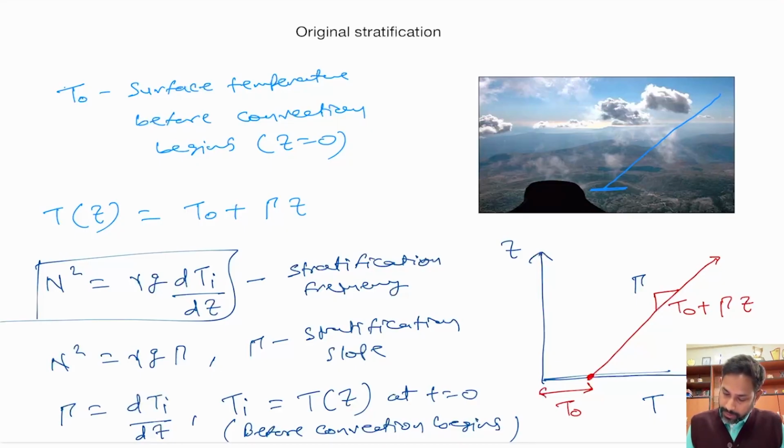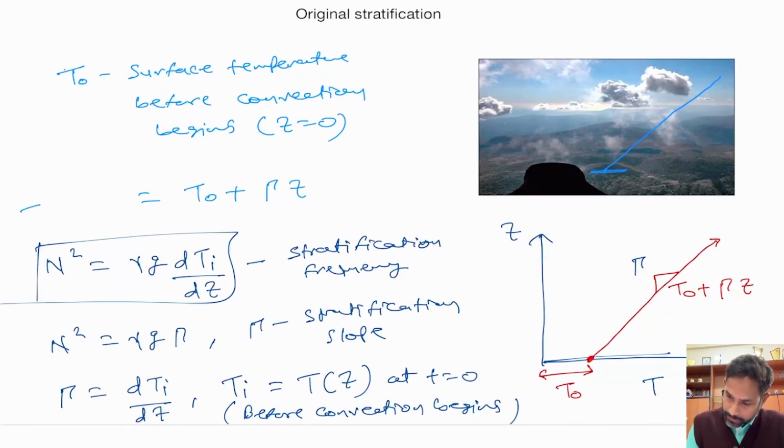So this is now the temperature which we can actually, this can also be written as T of Z at t equal to 0, right?